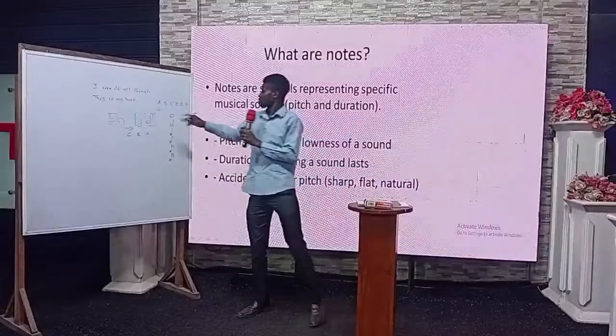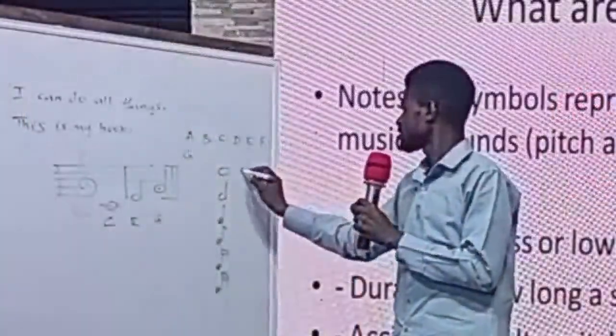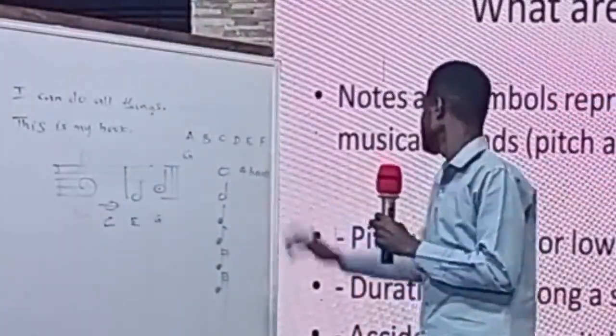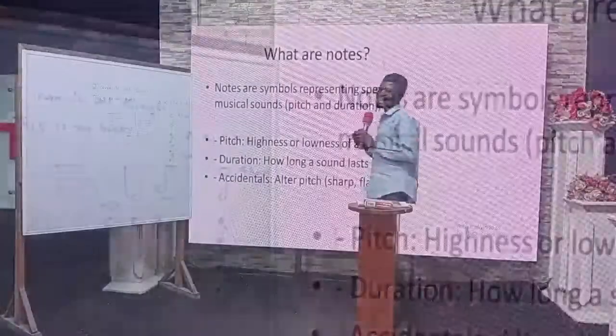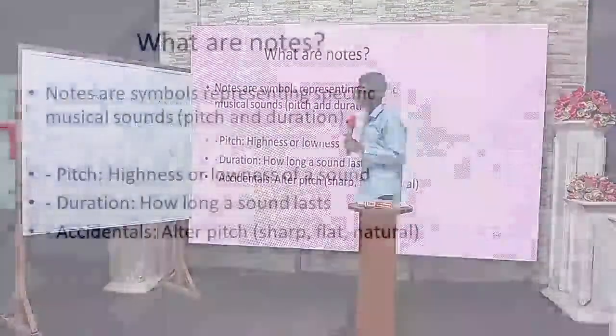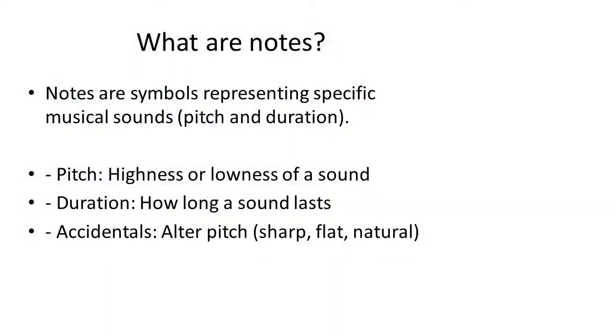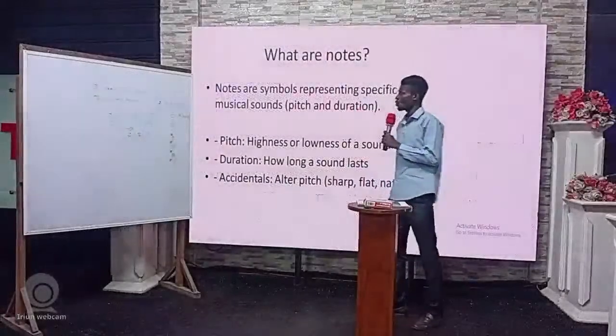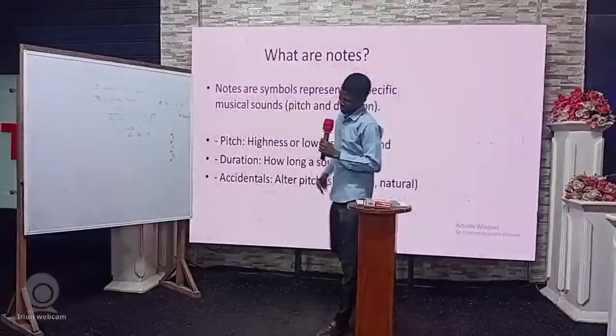So when we see this note, it has 4 beats as its duration. What do we mean by duration? The duration of a sound is how long the sound is. That is the length of time through which a sound lasts. This is a sound. There is another sound.